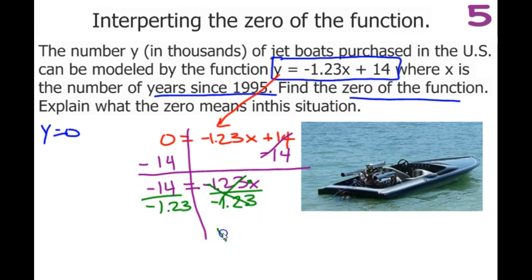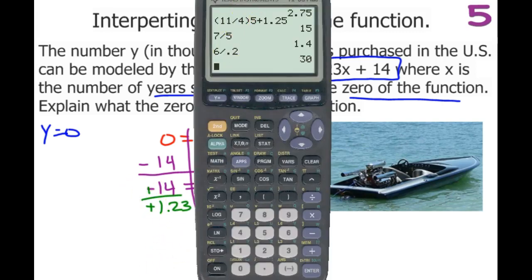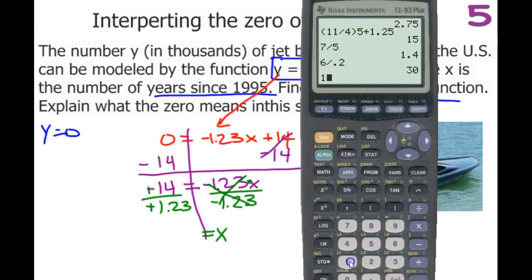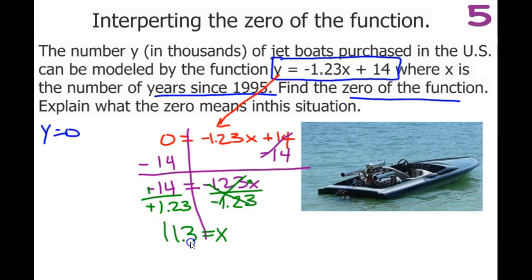Those are gone. We have x equals, I know two negatives are going to multiply or divide to make a positive. So 14 divided by 1.23 is about 11.38. Well, what is x talking about?